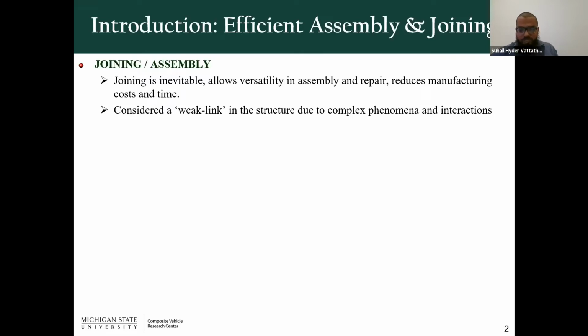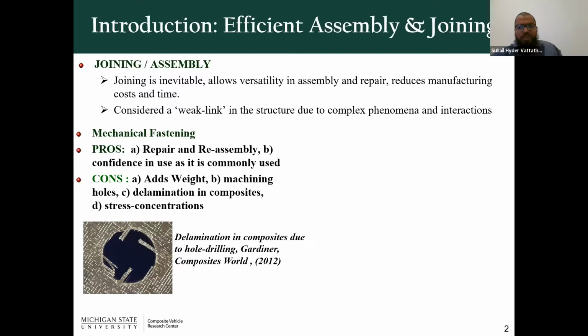And generally speaking, the joinings can be divided into three main categories: mechanical fastening, adhesive bonding, and welding techniques. And out of all these techniques, mechanical fastening is, I can call it, the most understood or most explored technique of the three.